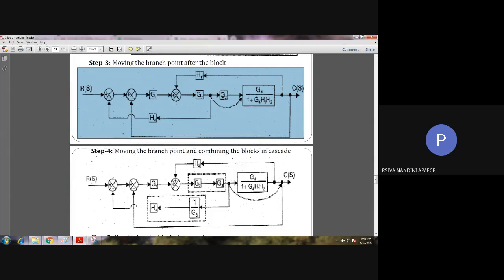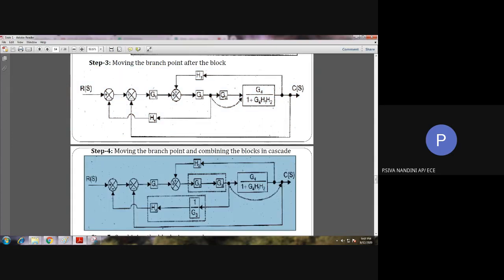That is, if I move this branch point after the block G3, and then move this branch point after this last block, I will have a positive feedback loop. So keeping that in mind, first I have moved this branch point after the block G3. For moving the branch point after the block, we need to include 1 by that block in the branch point path. See here, 1 by G3 is included in the branch point path.